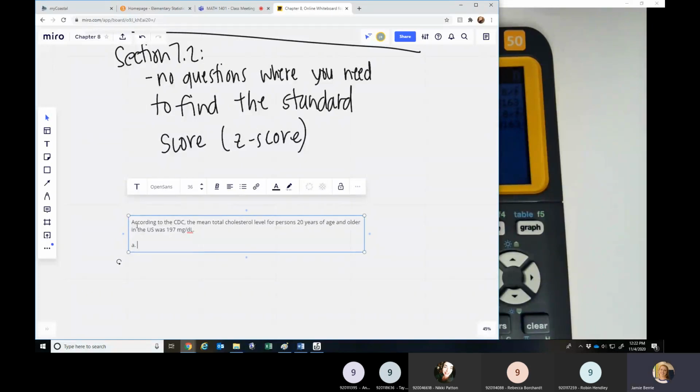Okay. What is the probability that a randomly selected adult, sorry, I'm having to do this in the moment. I was talking to someone in the parking lot and got distracted. We have a total cholesterol level of less than 183 milligrams per deciliter.